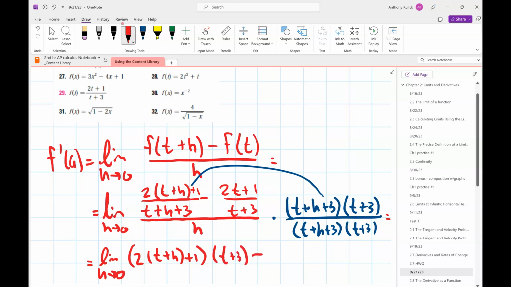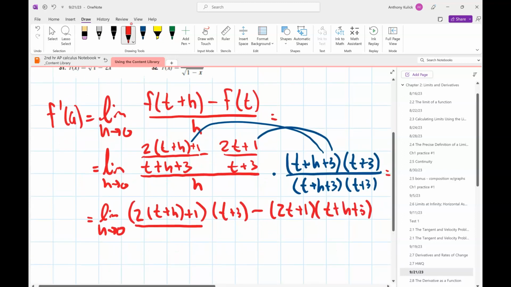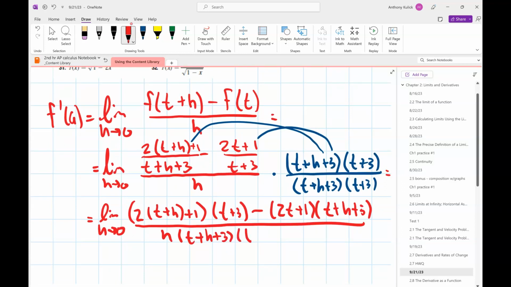And then when I multiply into this one, the t plus 3 cancels, so I just have the numerator times the t plus h plus 3. And then this stuff is over h times t plus h plus 3 times t plus 3.